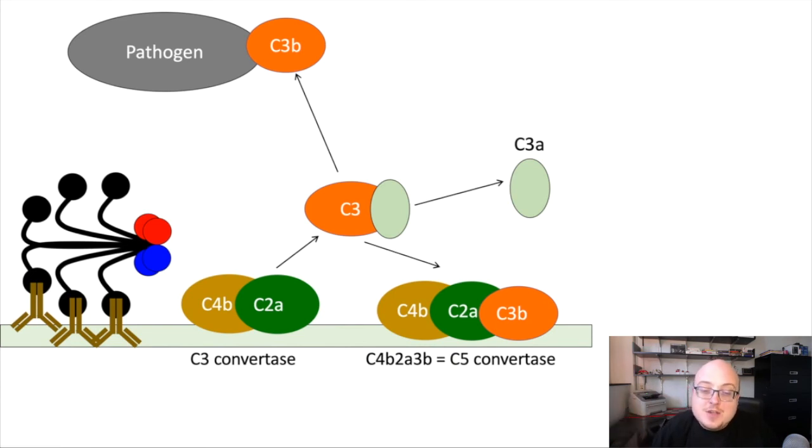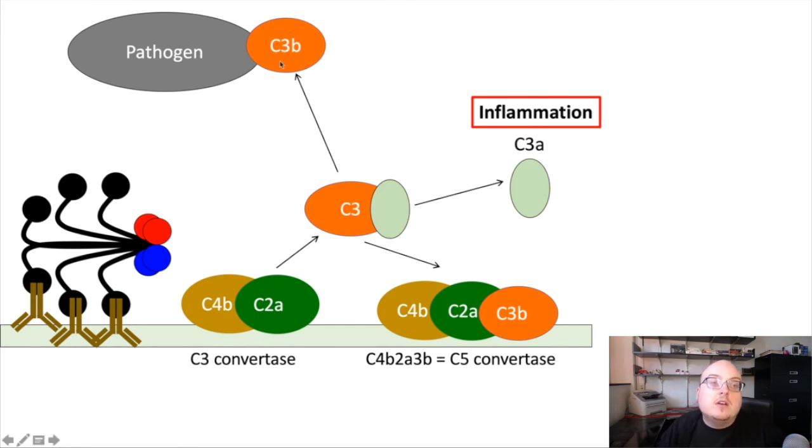Okay, so you can probably see where this is going. A C5 convertase also cleaves C5. But I want to stop here because we just want to talk about how each pathway gets started up to the point where they make a C3 convertase. So our C3 convertase is here. It's proteolytically cleaving C3 into either C3b or C3a. What I want to point out here is that these cleavage products of C3 are what initiate all of the different effector functions. So C3a is a very potent inflammatory signaling molecule. It can promote inflammation.